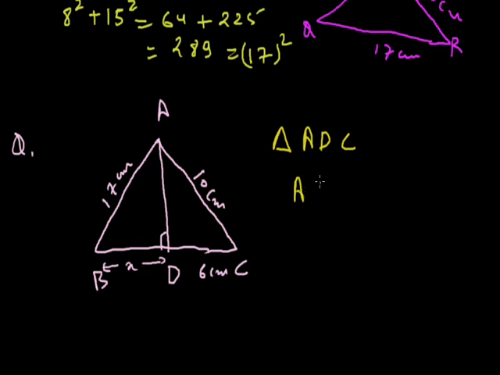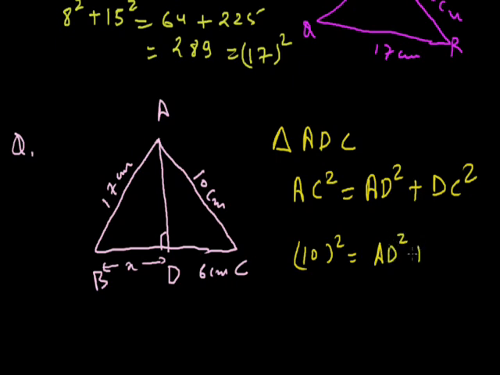So AC square will be equals to AD square plus DC square. Since the side opposite to 90 degree is the hypotenuse, therefore AC will be the hypotenuse. So 10 square is equals to AD square, of which we have to calculate the value, plus 6 square.